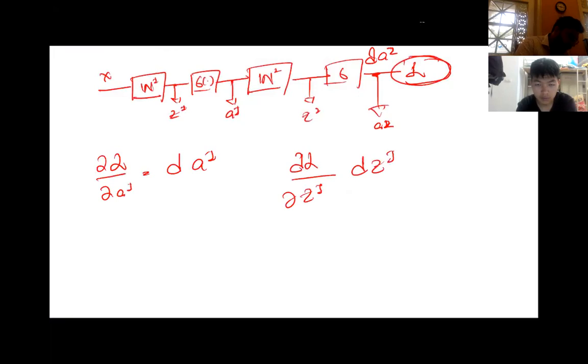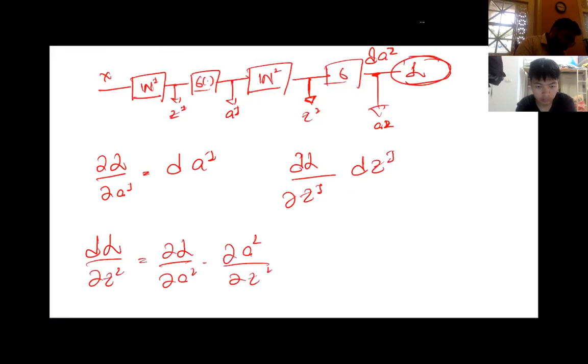If I take the partial derivative of L with respect to z2, it would be the partial derivative of L with respect to a2 times the partial derivative of a2 with respect to z2. And we know that this first thing is dA2. So this is equal to dA2 times the partial derivative of a2 with respect to z2.